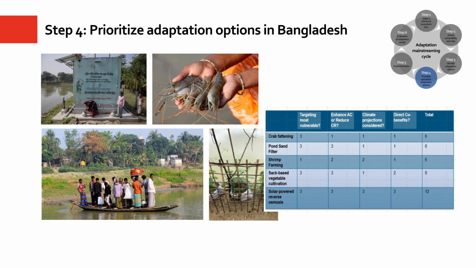In this case, solar-powered reverse osmosis was identified as the most effective to address salinization. Again, the result is not the final product, but it is a base for further reflections among key stakeholders and with the target groups, and needs further evaluation against available resources and other factors.